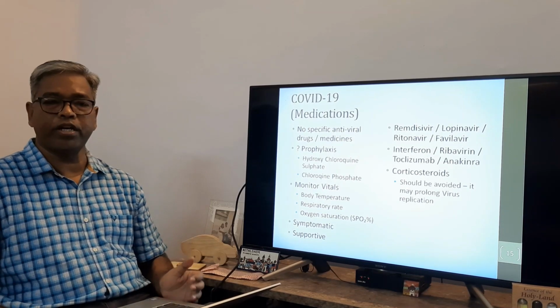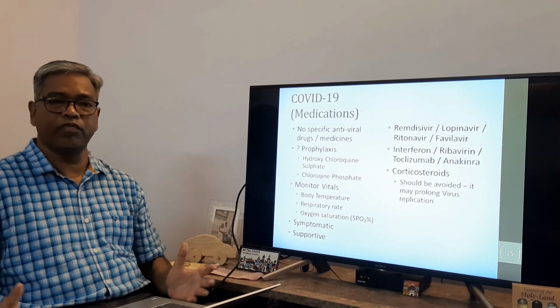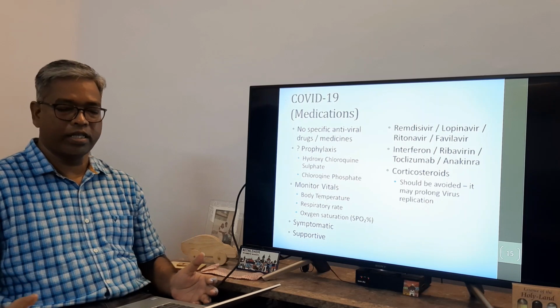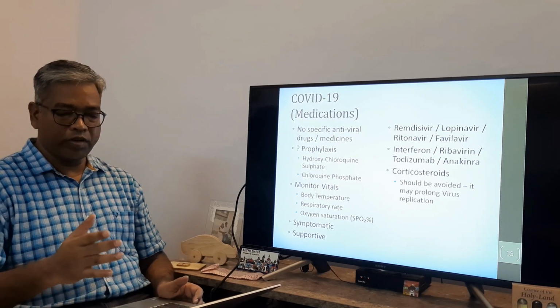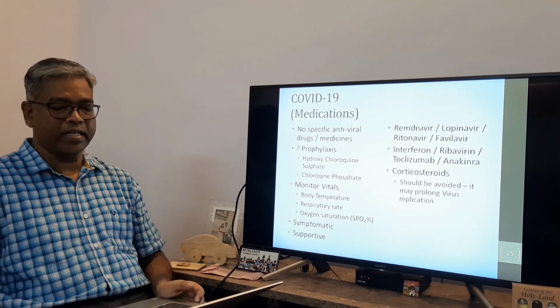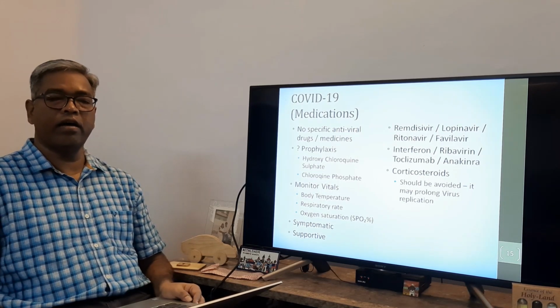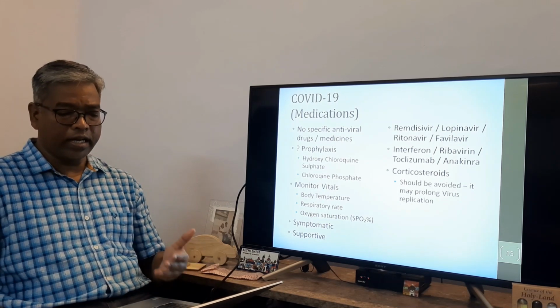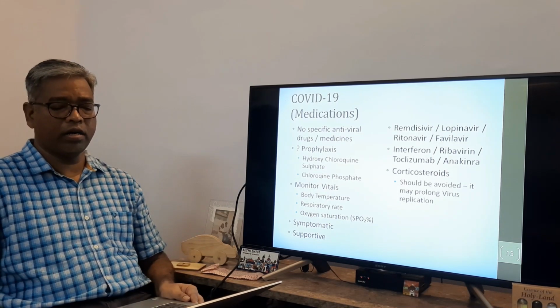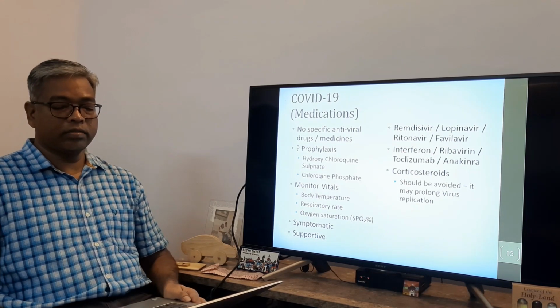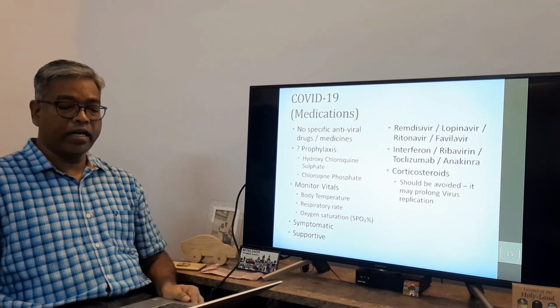And then a lot of supportive treatment, like the food, the water, the laundries, and so many things. So we see some of the antivirals here, remdesivir and lopinavir and ritonavir and favilavir, and then we see interferon, ribavirin, and others.